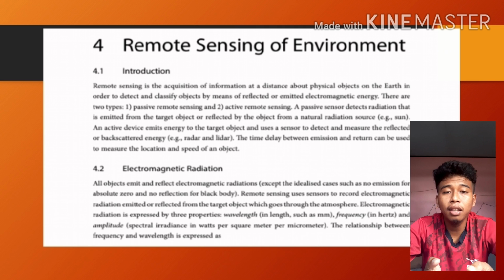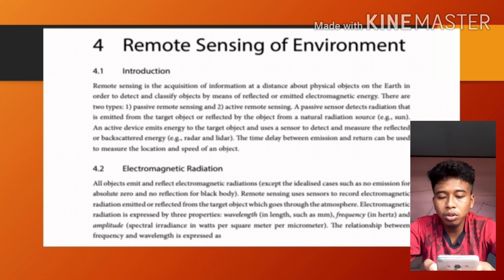4.2 Electromagnetic radiation. All objects reflect electromagnetic radiation except the idealized cases, such as no emission at absolute zero and no reflection for a black body.